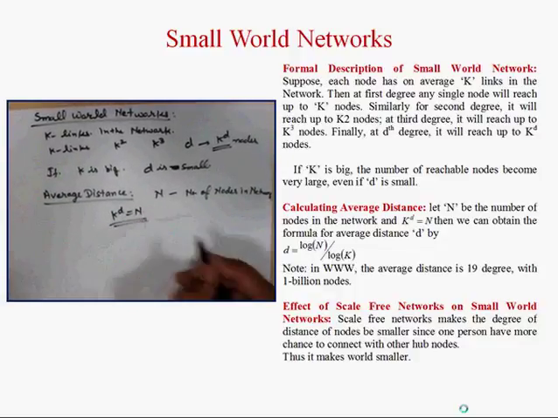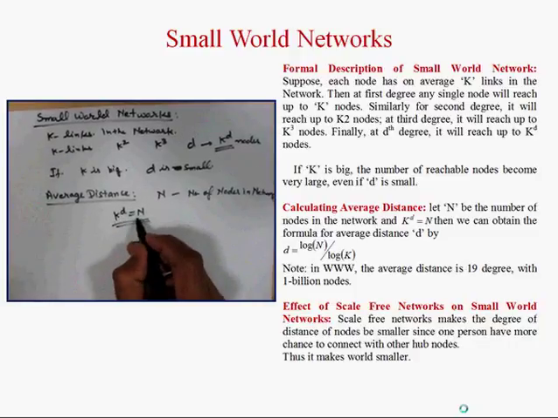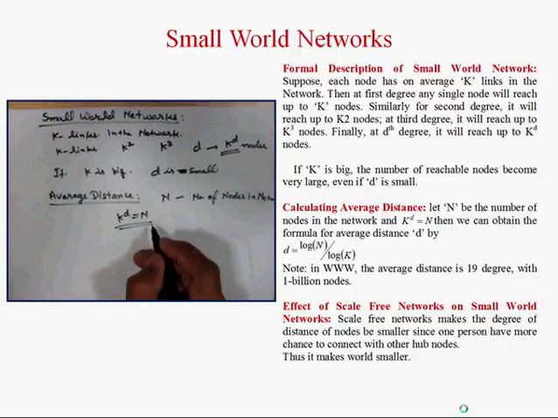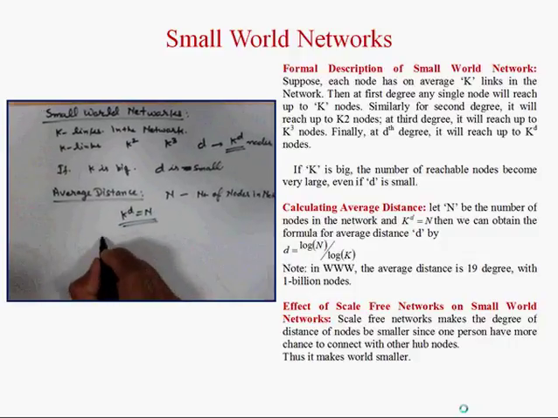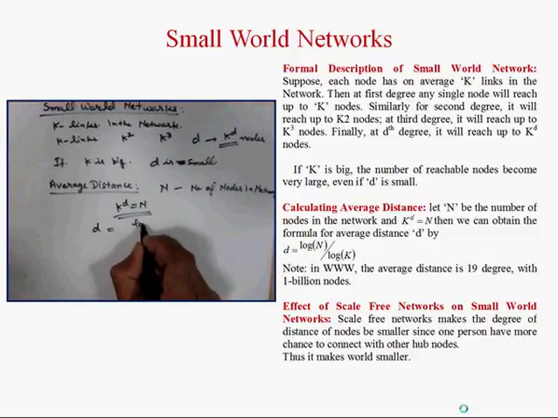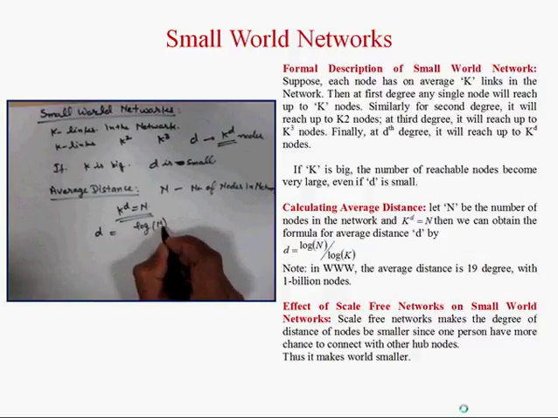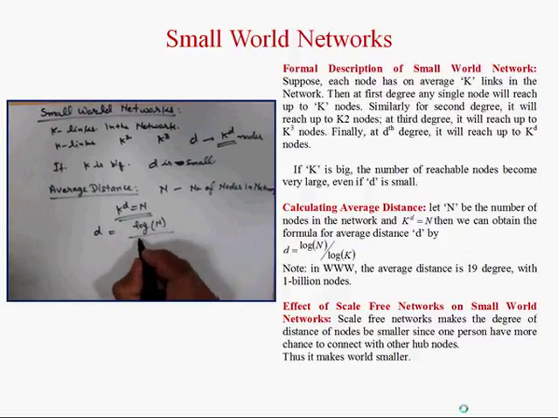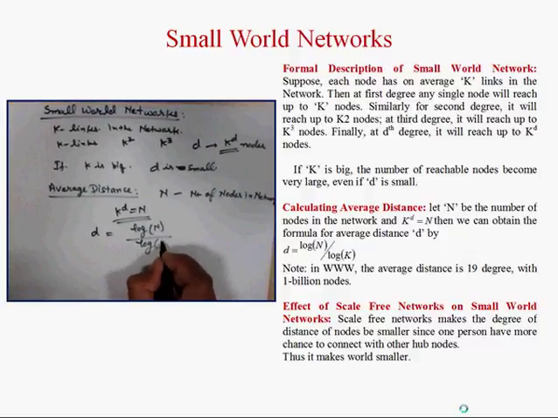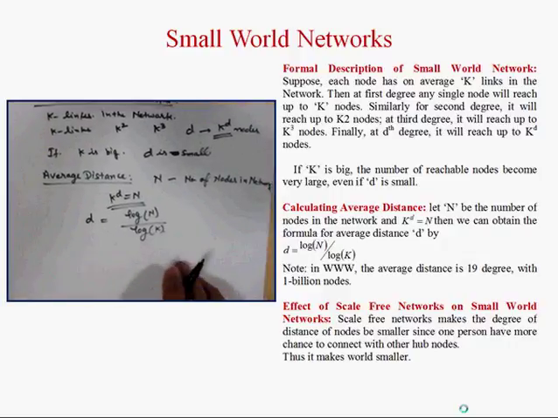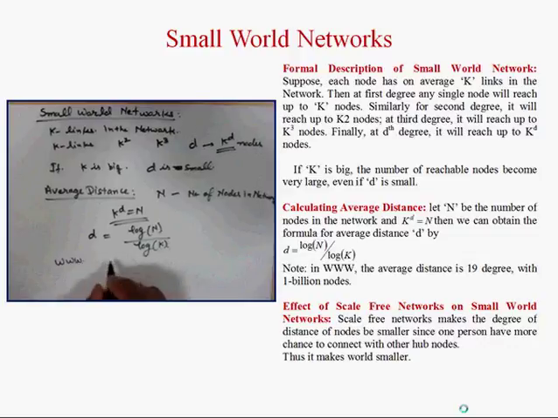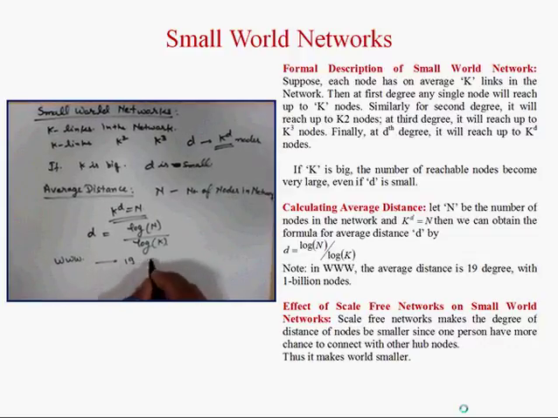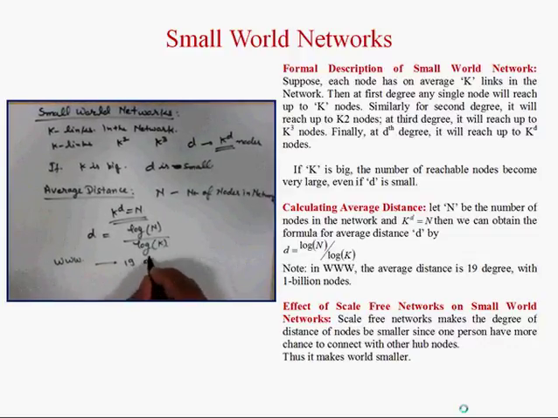Then we can obtain a formula for the average distance d: d is equal to log n divided by log k. But in the case of the World Wide Web, the average distance is 19 degrees with 1 billion nodes.